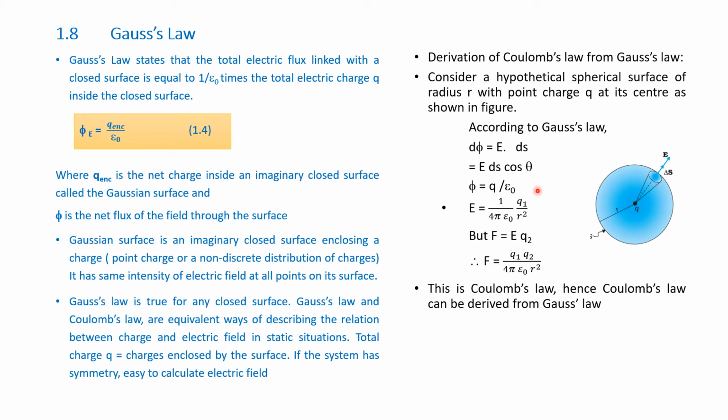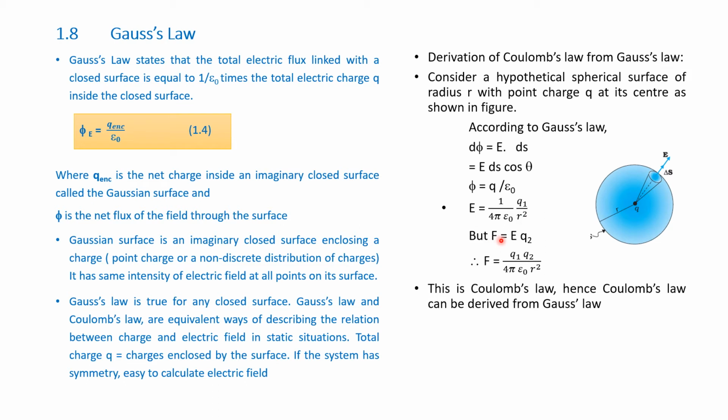So, according to Gauss law, d phi is equal to E dot ds, that is vector into the surface area, that is equal to, by taking the component, E ds cos theta. Therefore, phi is equal to q over epsilon naught, and E is given by 1 over 4 pi epsilon naught q1 over r square.